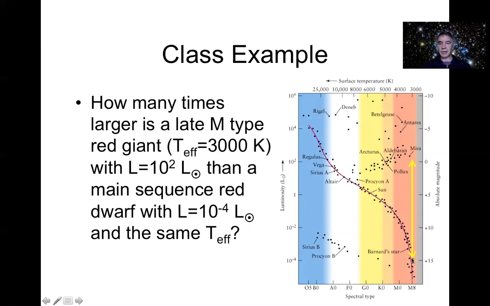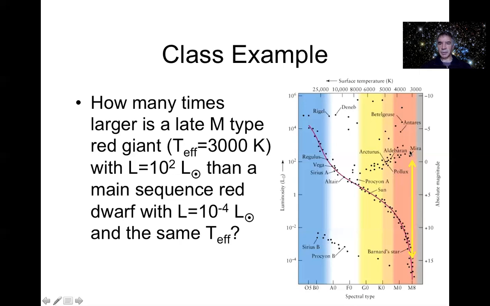Again, a faint star all the way down here on the main sequence. So we've got two stars that are connected by this sort of line here on the HR diagram. What we want to know is, how many times larger is this star compared to this star down here?